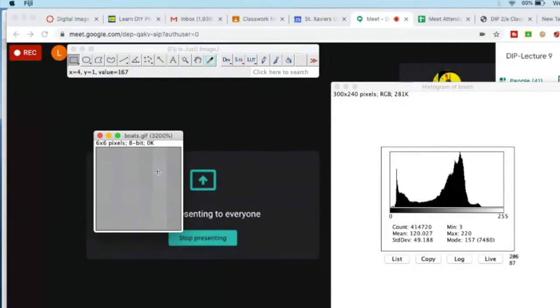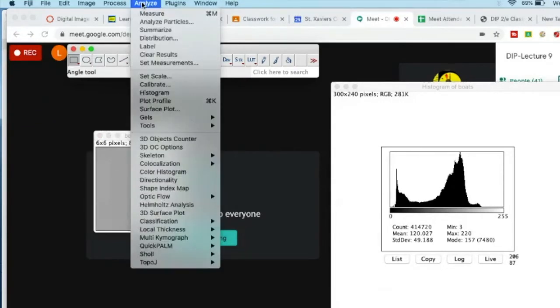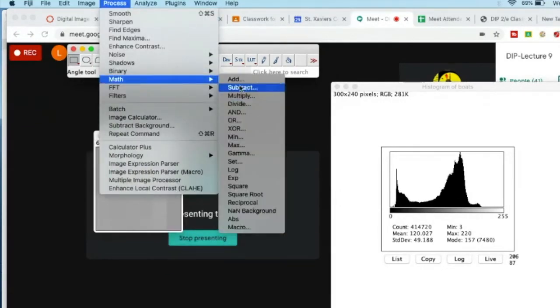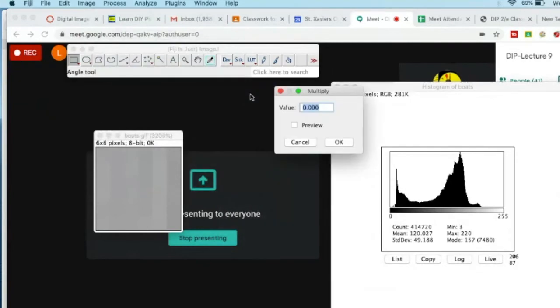Now, you know the values are mostly in the 160s. We want to reduce this number. So what can we do? We can simply go to Image and multiply this image or divide, let's say we do it by 0.3.